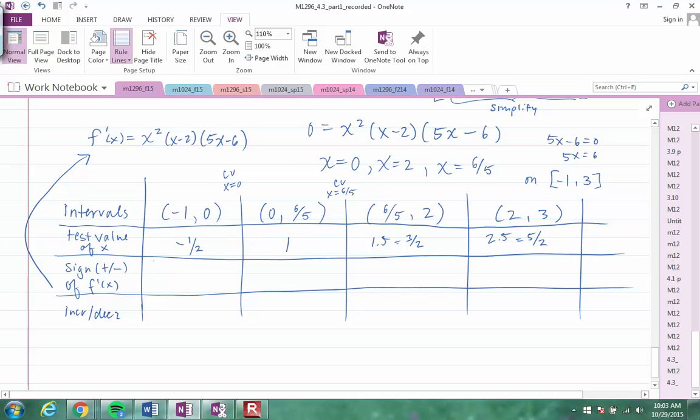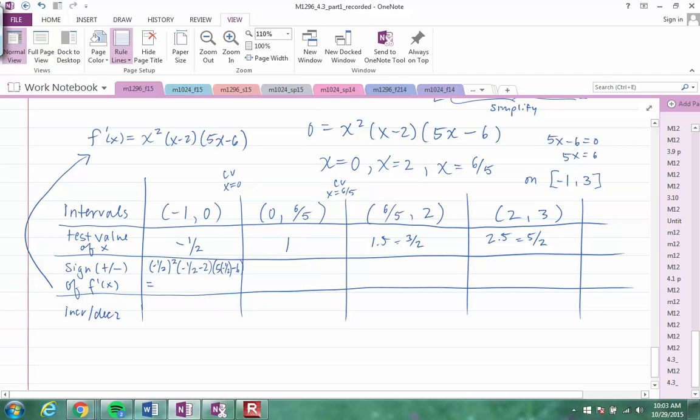So notice that when we plug in -1/2 into the derivative in the factored form, we're going to get -1/2 squared. And then we're going to have x, oh, just kidding, not x, -1/2 minus 2 in parentheses, and then we're going to have 5 times -1/2. Cram it in here, minus 6. And then instead of calculating the value, just think about what its sign would be. And then we can multiply the signs to get the overall sign of f prime.